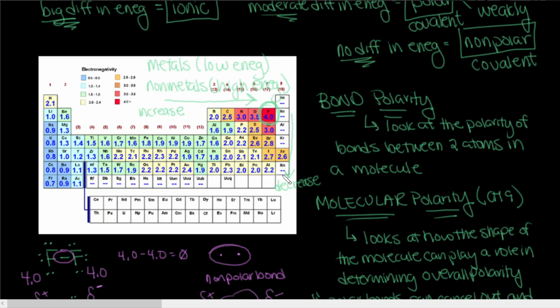Neither does radon. Xenon can be forced to bond, okay? So xenon, in fact, does have an electronegativity value, but the other noble gases don't bond, so they have no electronegativity values. And that is the trend.